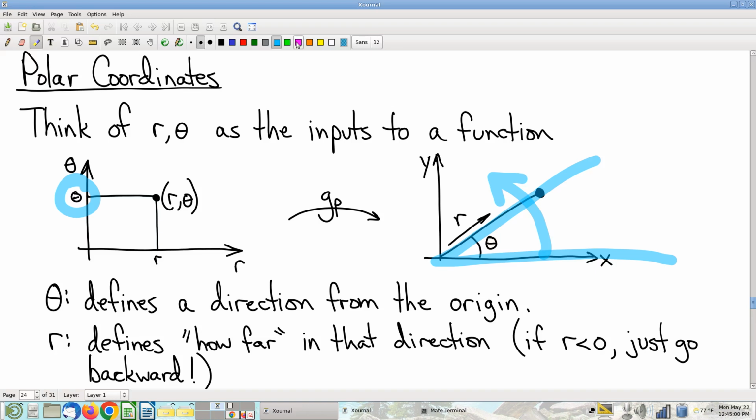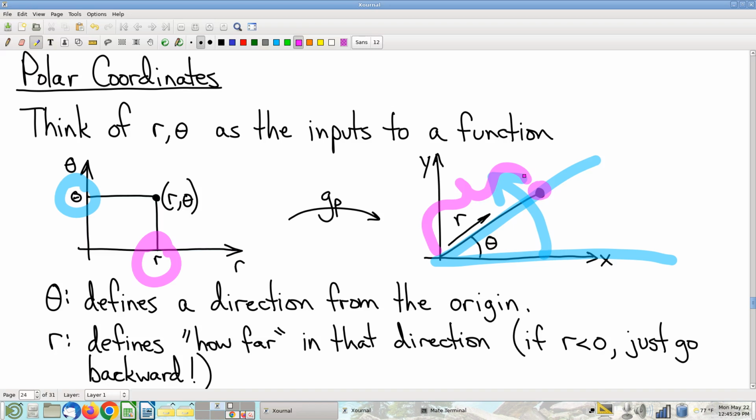And then what r does, and I'm going to deliberately commit a little math crime here, just for the sake of broad strokes and initial convenience, and then I'll fix it in a moment. r says how far do you go in that direction? So I probably shouldn't make that look like a vector, should I? So that says how far you go in the direction defined by theta.